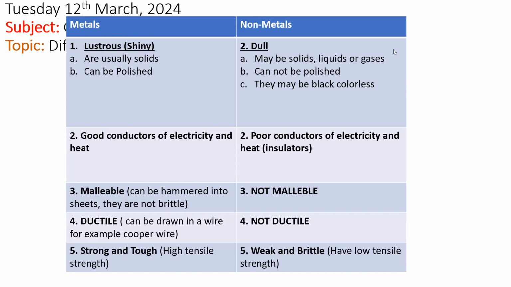Which ones are malleable? Metals. Which ones are dull? Non-metals. Very good. Which ones are lustrous? Metals. Very good. Which ones are weak and brittle? Non-metals. Non-metals, very good.